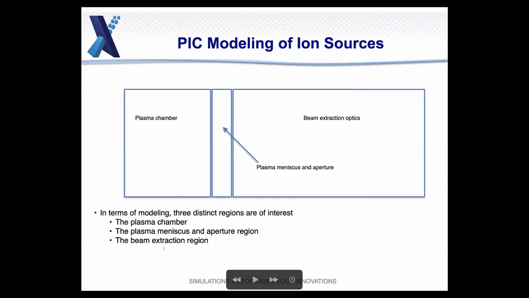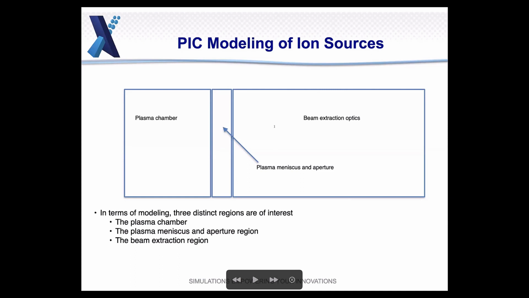So in terms of modeling, you can put it into a black box. There are three components to these types of ion sources. One is the plasma chamber. The second part of the ion source is the plasma meniscus and aperture, which Dan Faircloth just recently gave a talk explaining, focusing on that area.